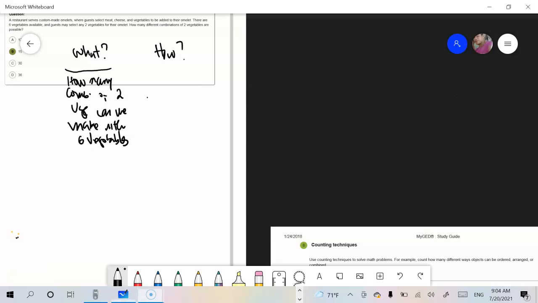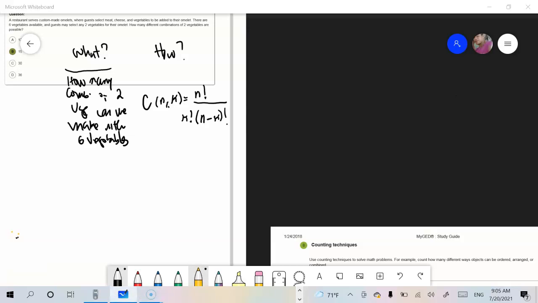When you are combining n objects in groups of k objects, it is equal to the number of objects in total factorial, divided by the objects you will combine at a time factorial, multiplied by the total objects minus the objects you are going to combine at a time, factorial.